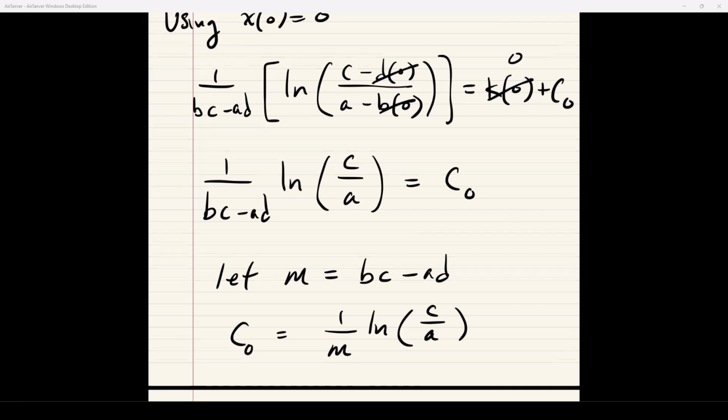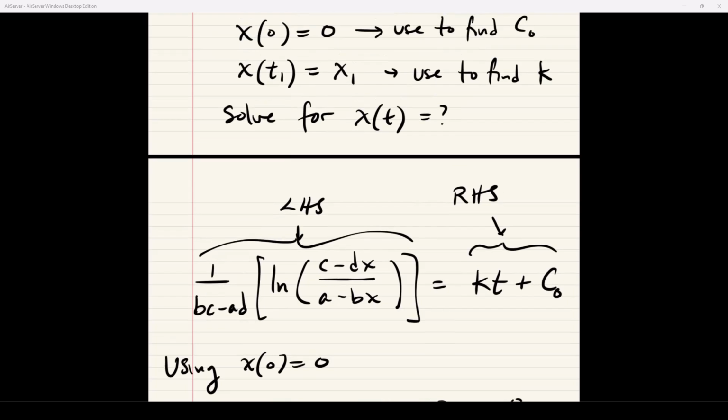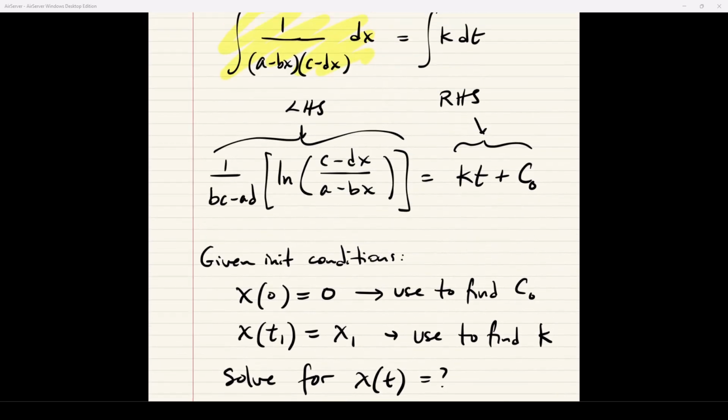Okay, so now I have the c naught, and the next thing I want to do is figure out what is the k, and I'll need to use another initial condition, boundary condition, a value for the compound at some later time, that x of t1 is equal to x1. I'm going to use that initial condition as well to plug into this differential equation and solve for k.